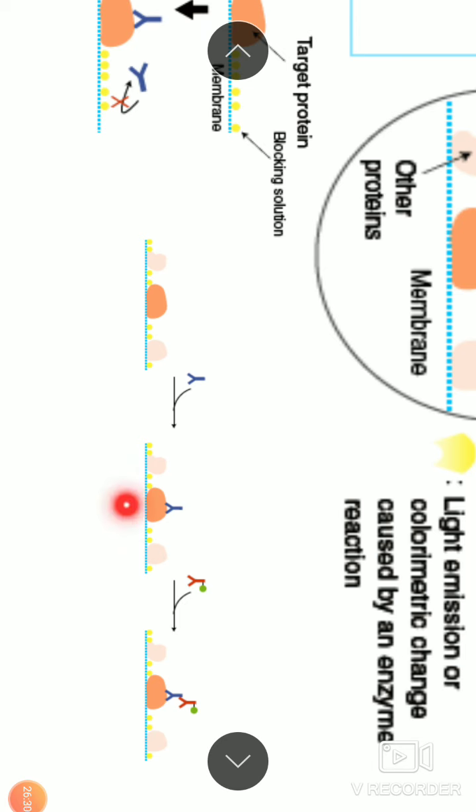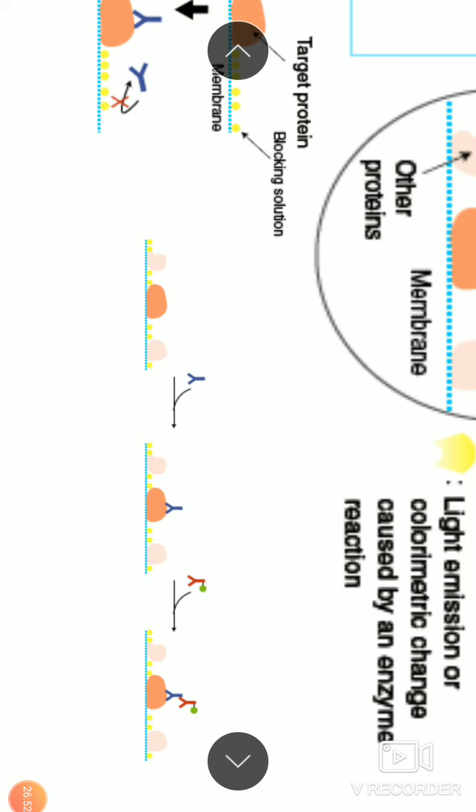Once the primary antibody is added, you can add a secondary antibody, and for this secondary antibody you can use a diversity of antibodies. If you have a range of different protein-recognizing primary antibodies, you can have a secondary antibody which recognizes the Fc region of any of the primary antibodies.